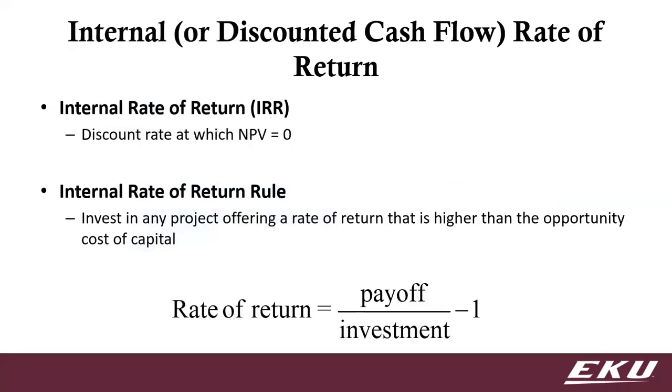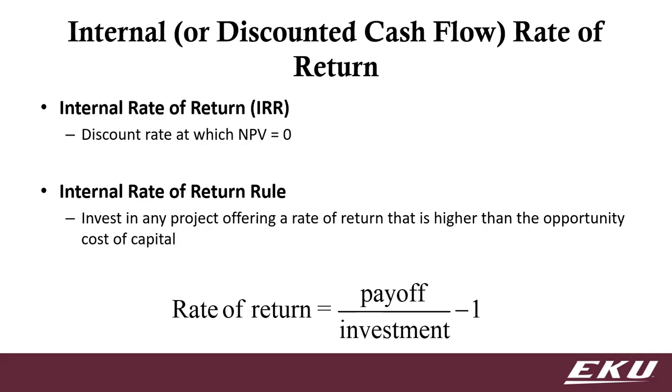Okay. Now with the internal rate of return, this is going to be determining what discount rate would make the NPV of that project equal to 0. So as we increase our discount rate, the net present value of those cash flows goes down, and it'll reach a point where it actually reaches 0.